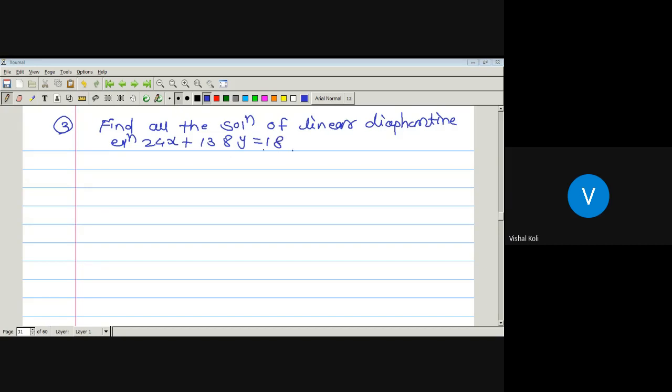Okay, find out. Here we have to find out all the solutions. Here there is no need to check whether it has a positive solution or not. Yes, find out, correct.